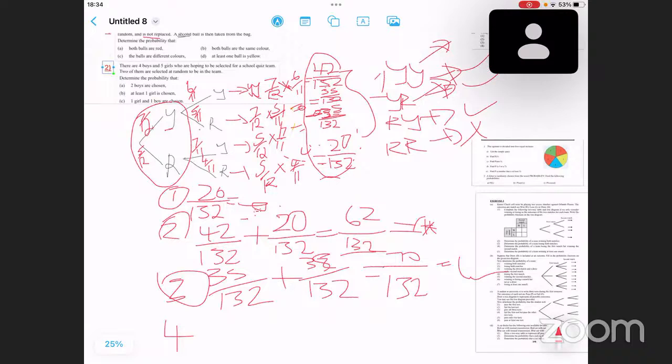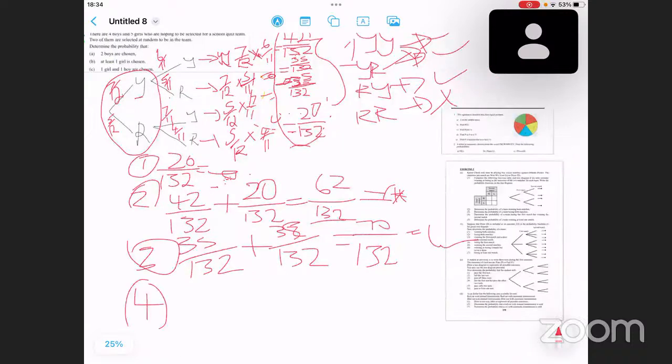Okay, so we're going to have 42 divided by 132 plus 35 over 132 plus 35 over 132. Now this is going to be our answer.